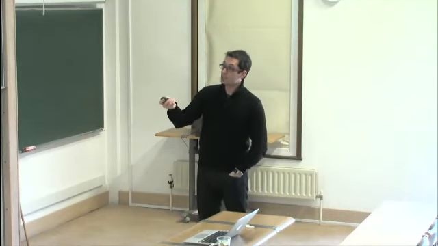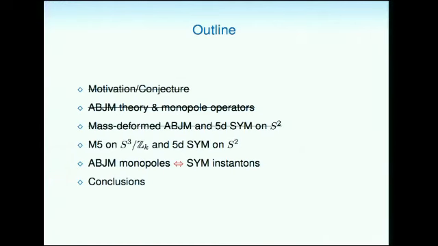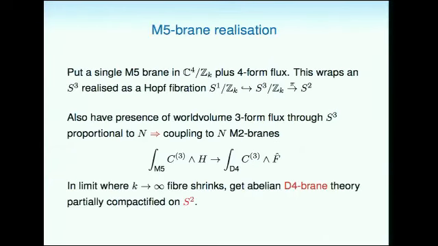So let's move on to see how this M5 brane description comes up. Following the same intuition that we had from this last construction, by taking M2 branes and putting them in this background which involves the Z_K orbifold and this transverse 4-form flux, take just a single M5 brane and put it in exactly the same background, in a C4 mod Z_K background plus this 4-form flux.